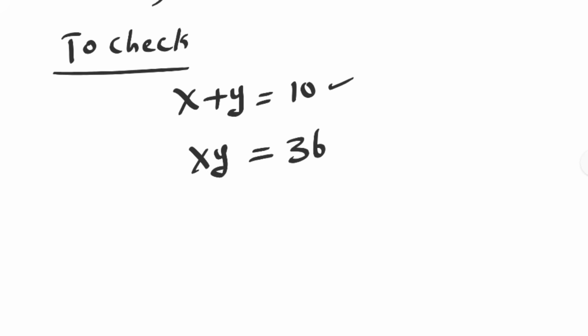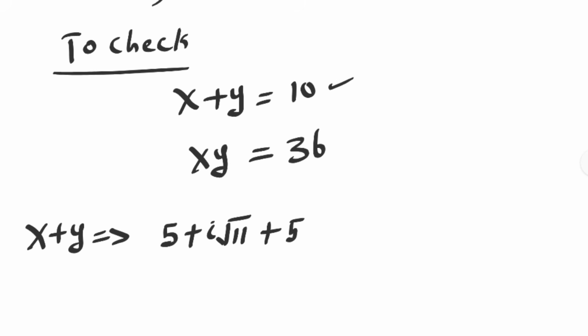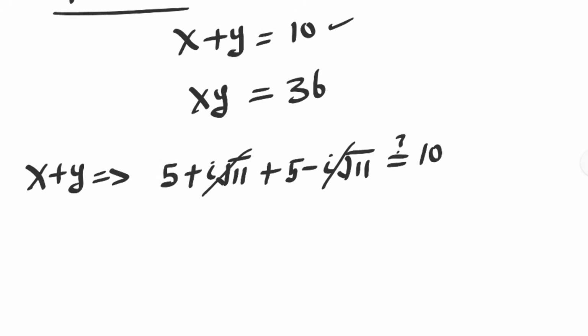Let us consider this. x plus y, this is 5 plus i square root of 11 plus 5 minus i square root of 11 must be equal to 10. This cancels this.